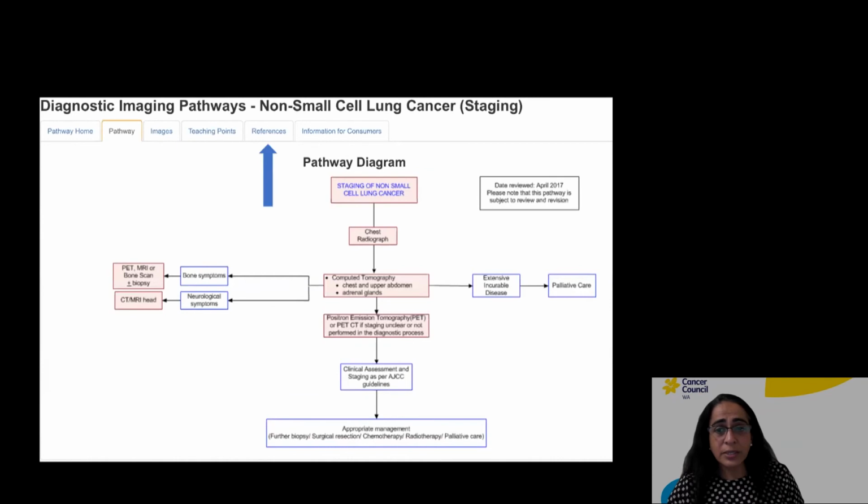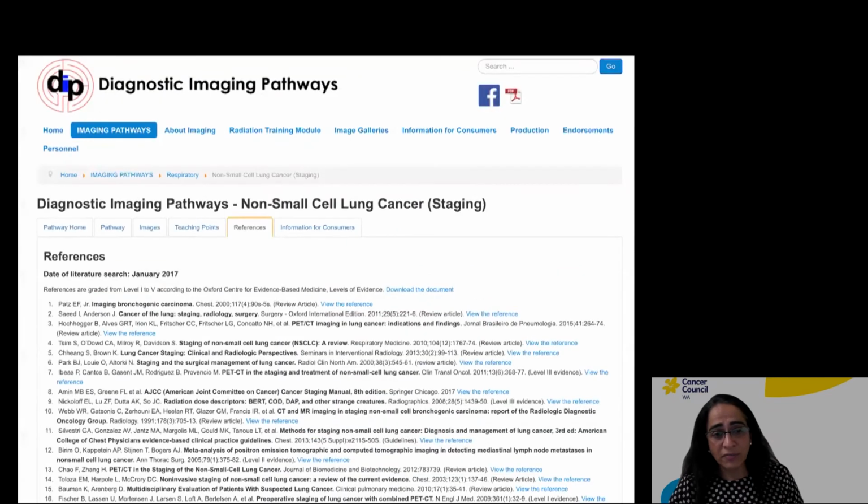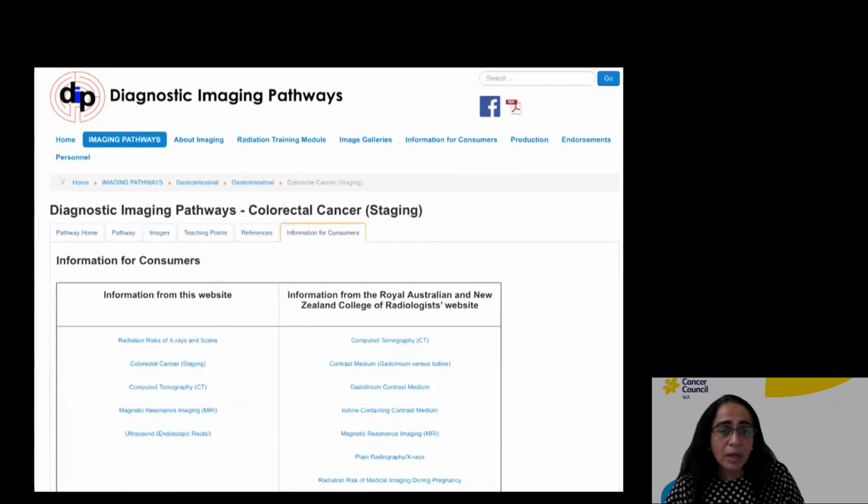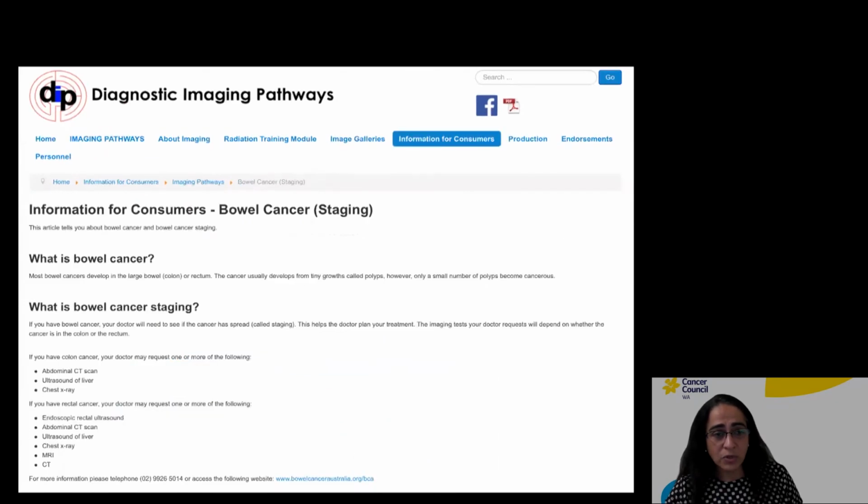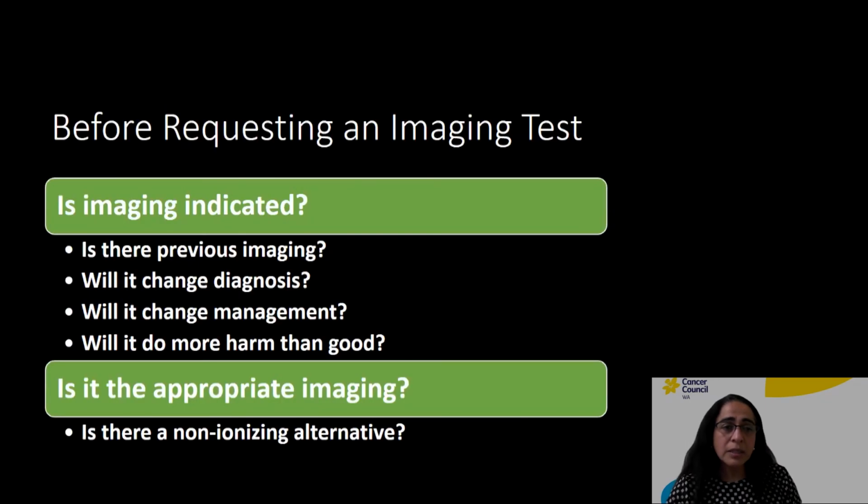You can access the references by clicking on references, and references have PubMed abstracts linked to them. Consumer information can also be accessed. Here's consumer information related to bowel cancer.